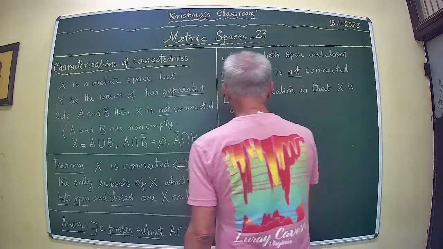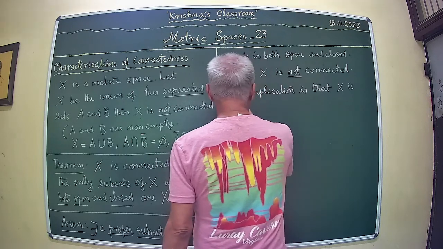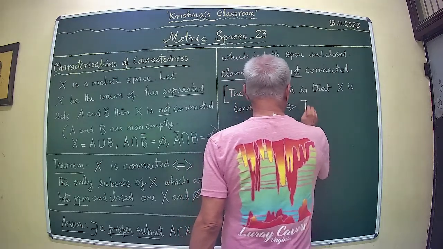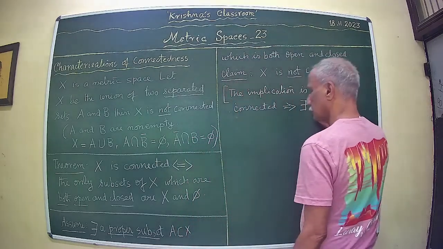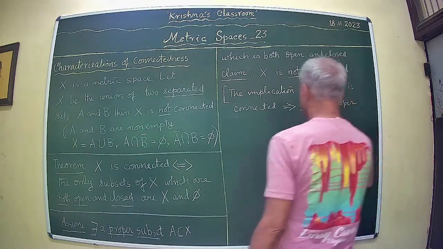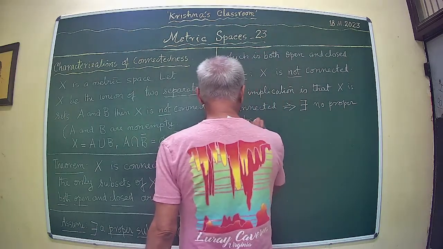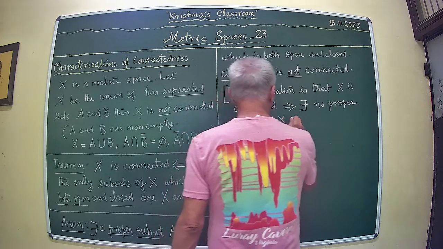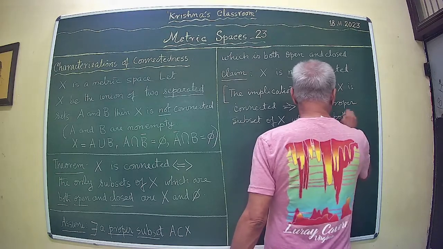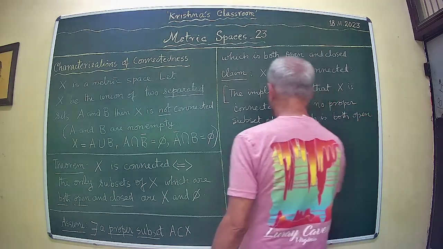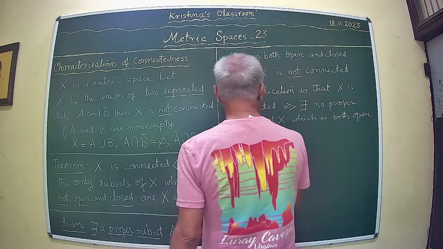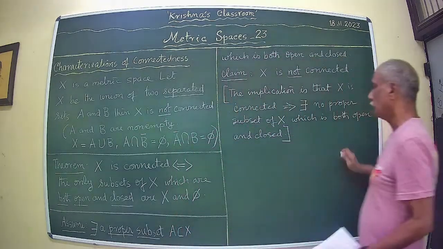X is connected implies there exists no proper subset which is both open and closed.